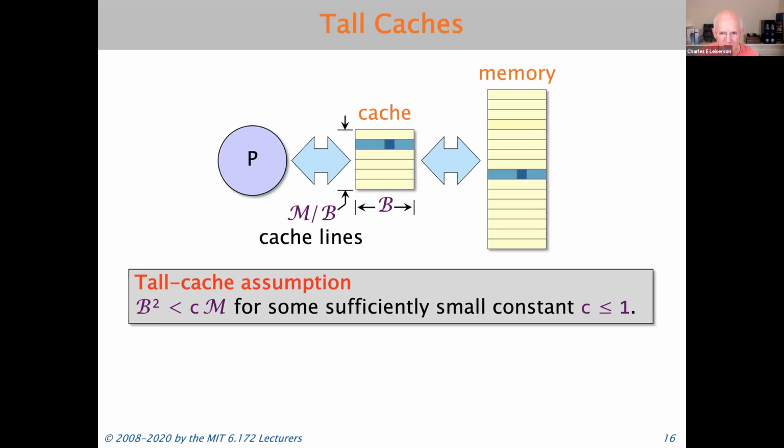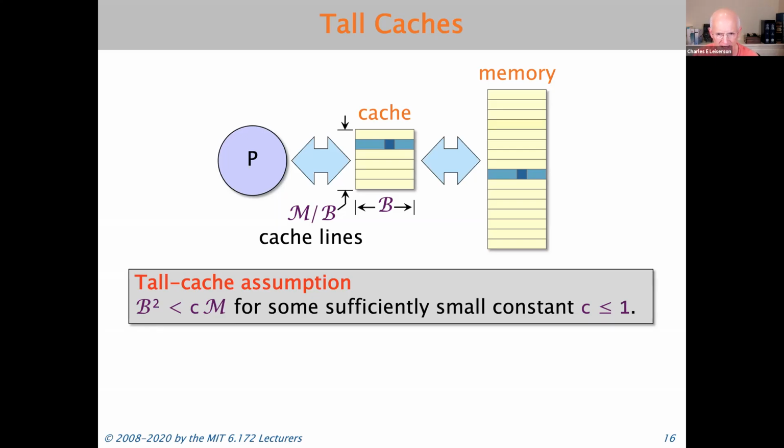Now, much of the analysis of caching assumes that caches are tall, and this assumption comes in a bunch of places, including when you look at matrices, but also interestingly in sorting and so forth. The tall cache assumption says that B squared is less than a constant times M, where the constant is less than 1. But what does that mean?